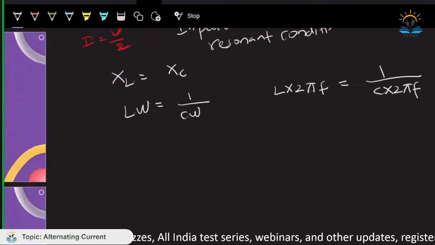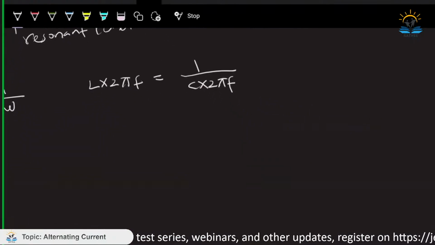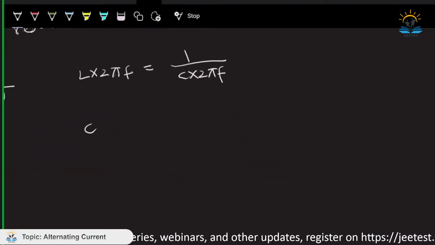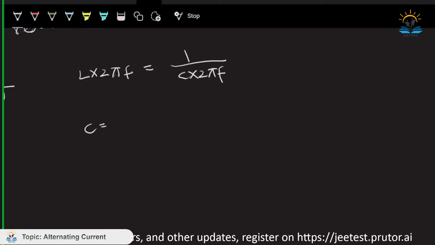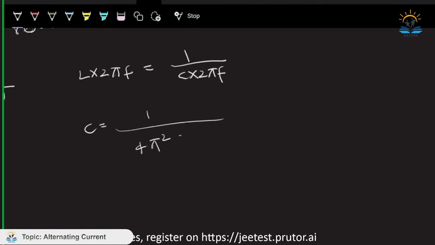We have to find the value of capacitance, so we can write C equal to 1 by 4 pi square f square L.